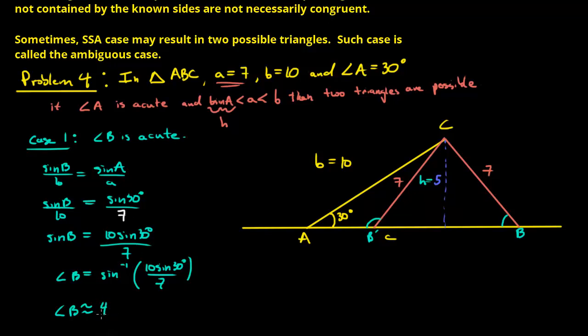Let's round this to the nearest tenth because the question doesn't specify. So this rounds to 45.6 degrees. So we know that angle B is 45.6 degrees in this case.